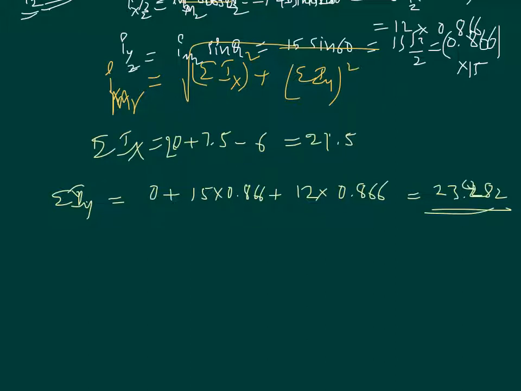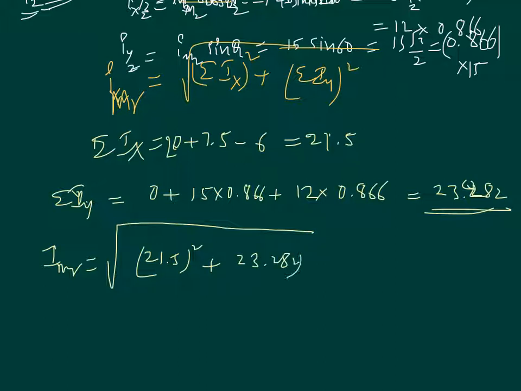Okay. Now resultant maximum current IMR equal to square root of 21.5 whole square plus 23.282 whole square, that equal to 31.76 amps.